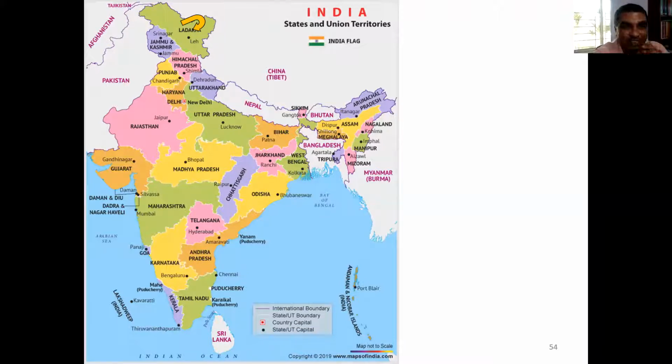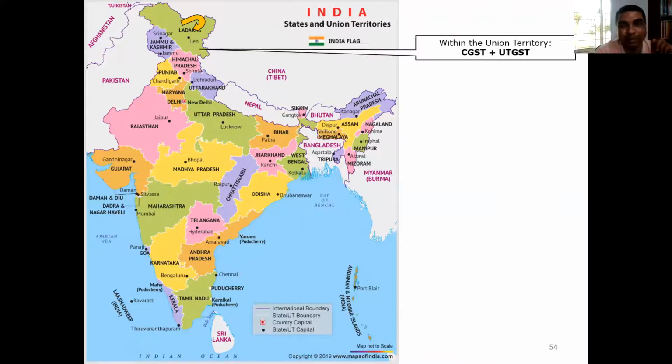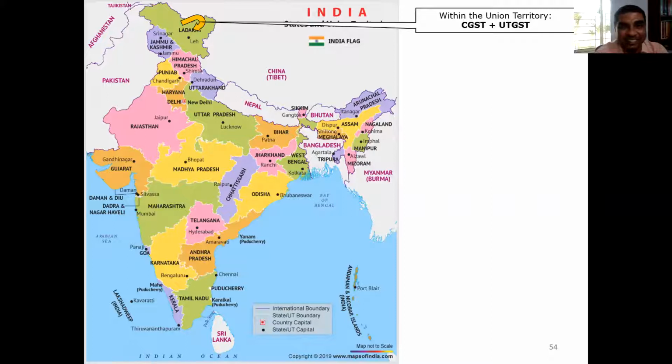What kind of tax will be levied here? Single tax or multiple tax? Multiple. CGST and UTGST both. Ladakh is a union territory, so CGST plus UTGST.